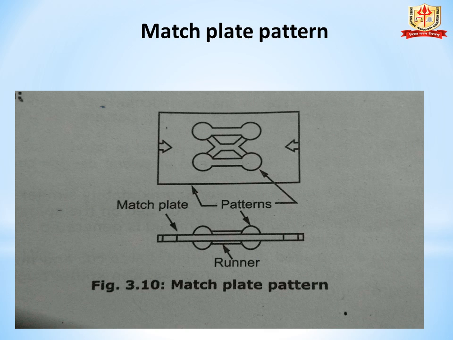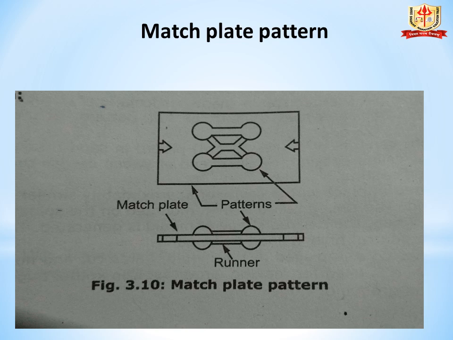Next pattern is match plate pattern. In the diagram you can see the match plate pattern. Match plate pattern is used with molding machines for mass production work or for producing small castings in large quantity. The cope and drag portions of the split pattern are mounted on the opposite sides of a wooden or metal plate, usually an aluminum plate, known as a match plate.